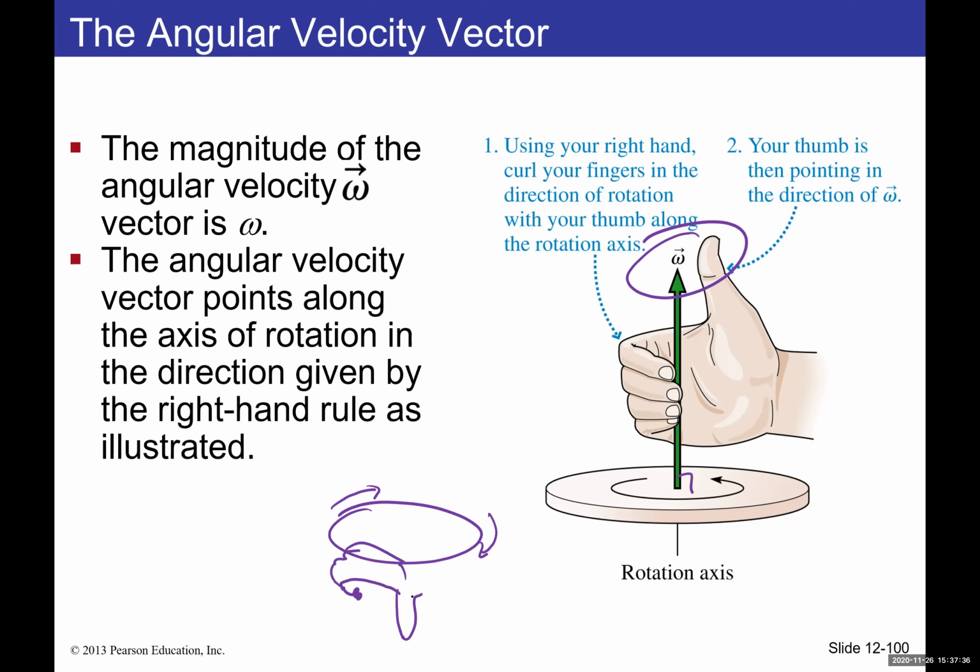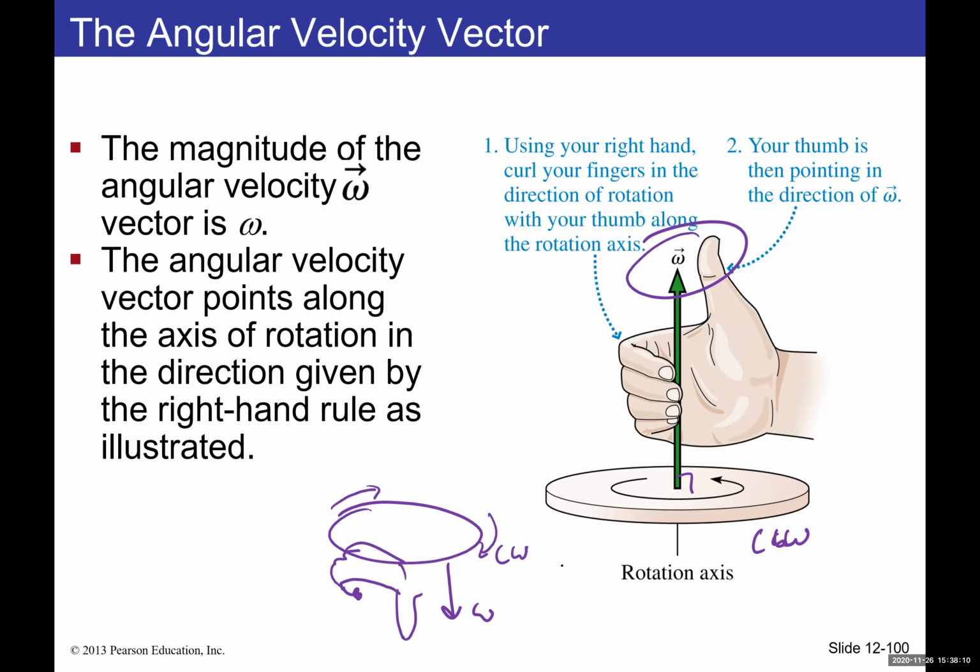Those are your hands: if my fingers are rotating clockwise, my thumb is pointing down, which means angular velocity is down. So this is counterclockwise and angular velocity is up. This is clockwise and angular velocity is down. This is the true, correct direction of the angular velocity, so we have to use the right-hand rule to determine it.